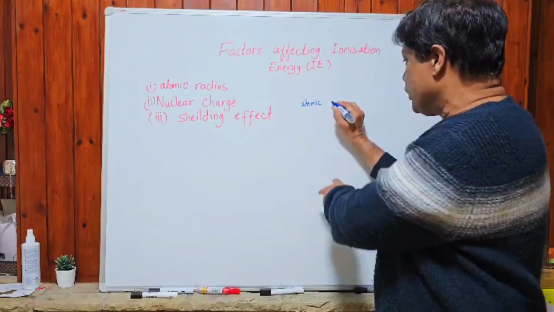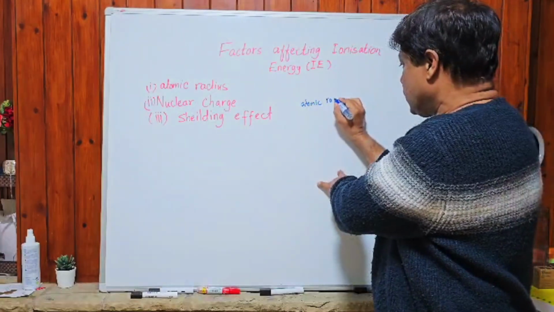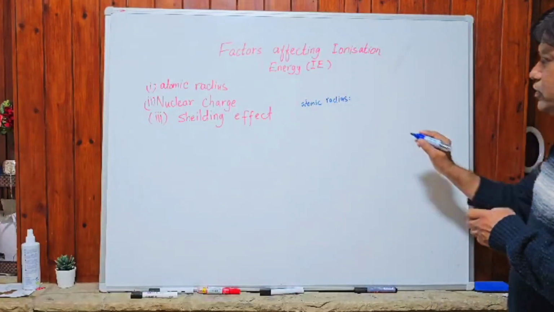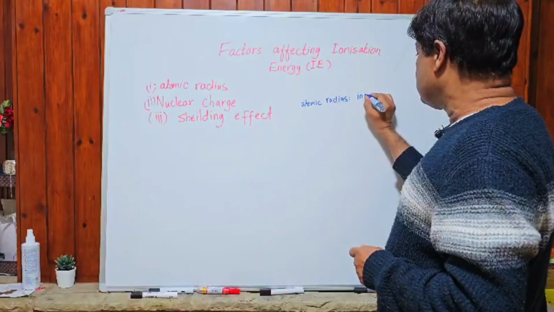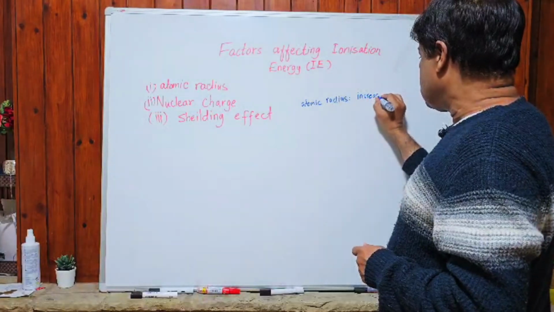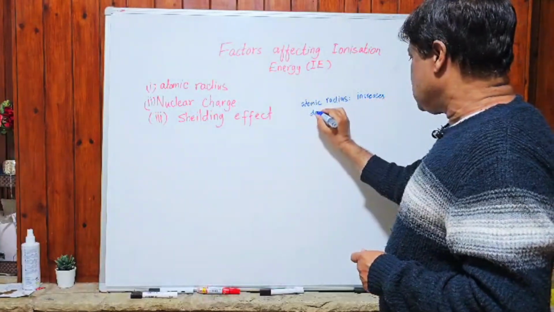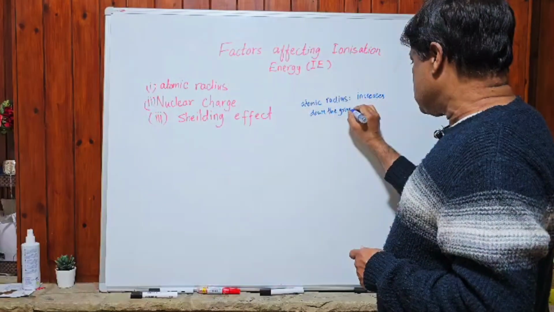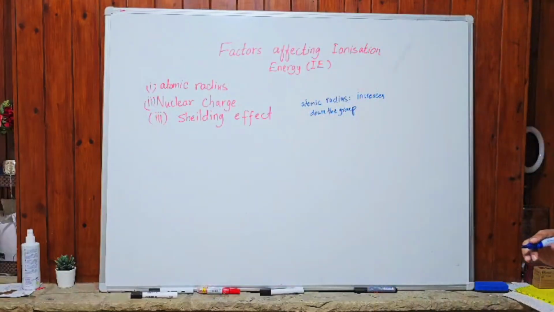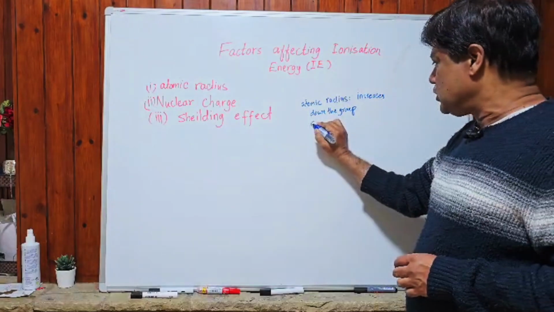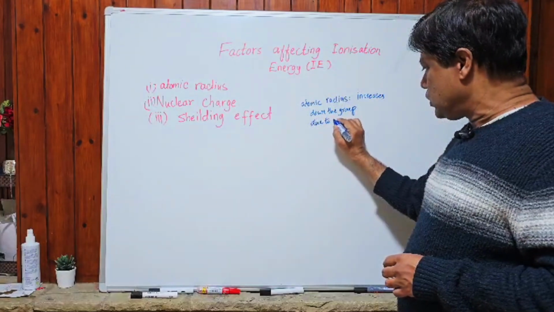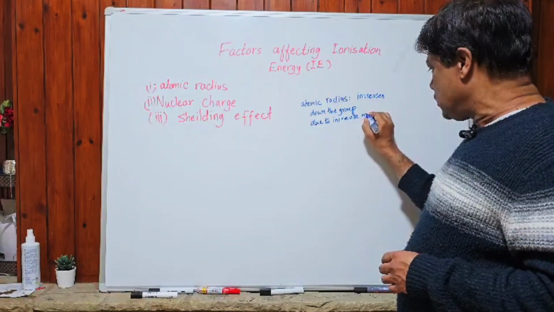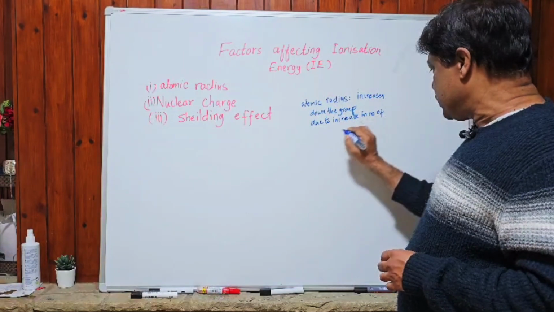Atomic size, or radius, increases down the group due to the increase in the number of shells.